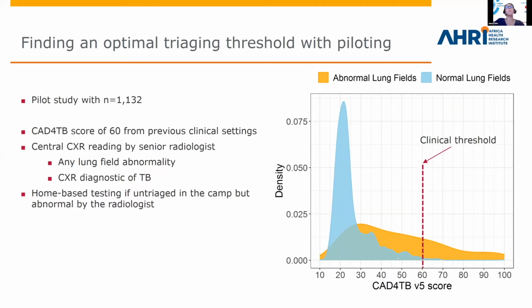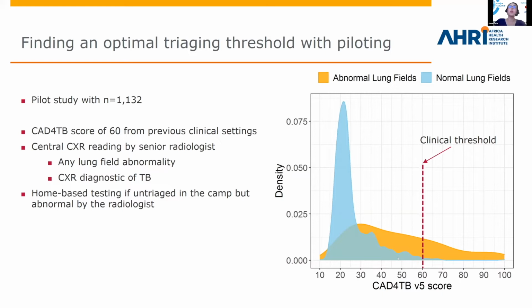But it wasn't clear to the study team if these thresholds of 60 to 65 would also be applicable in this prospective community-based screening program, and therefore the team conducted a pilot study that consisted of the first 1,132 study participants. In this pilot, the participants were triaged for sputum testing at the mobile camp if they had a CAD4TB version 5 score above 60.